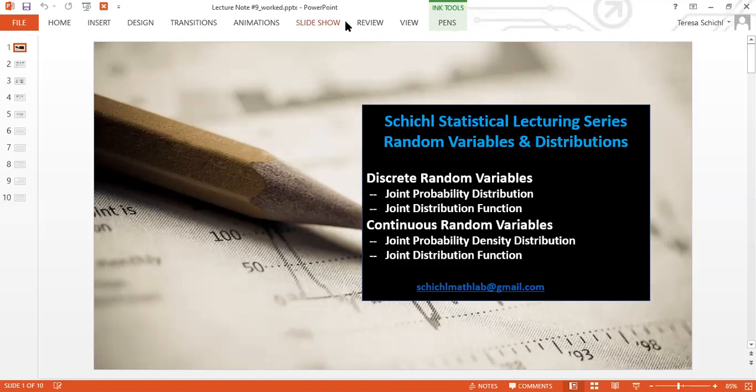Let's go to the whiteboard and do a very brief review of what we did for the single random variable, just to refresh your memory. For a single continuous random variable, the PDF is the probability density function. We use f of x to represent it, where x is a continuous random variable.